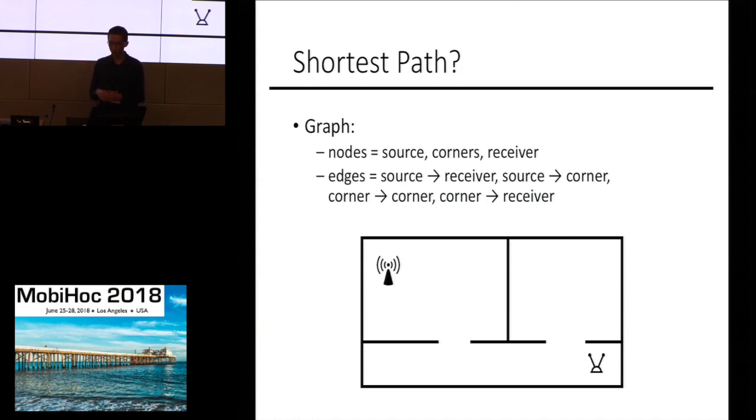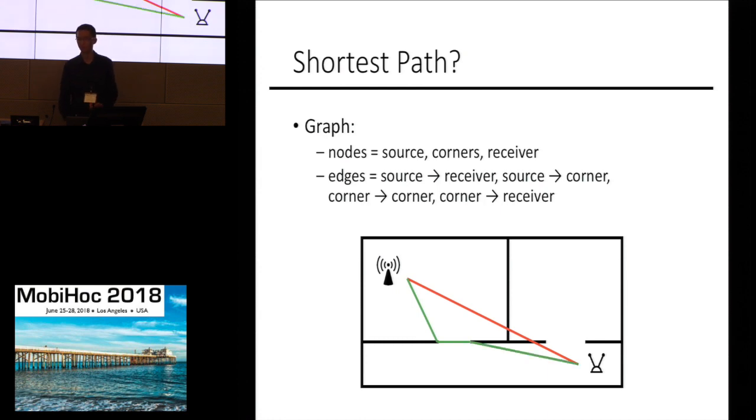We can make the nodes to be the source, which is the location of the access point, and the corners, and the receivers. The edges could be the link between the access point and the receiver, the link from the access point to a corner, from a corner to another corner, and from a corner to the receiver.